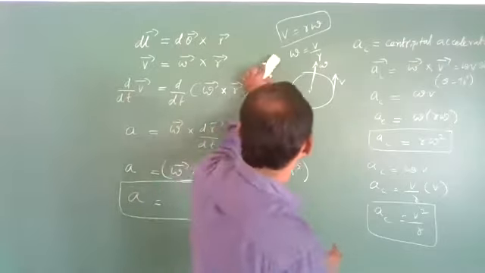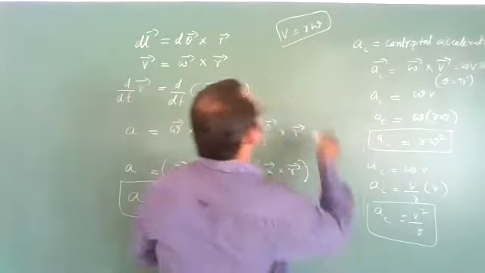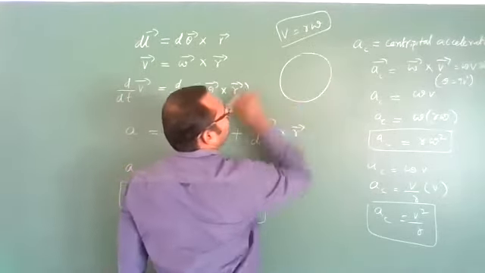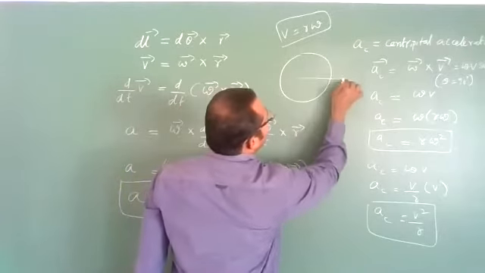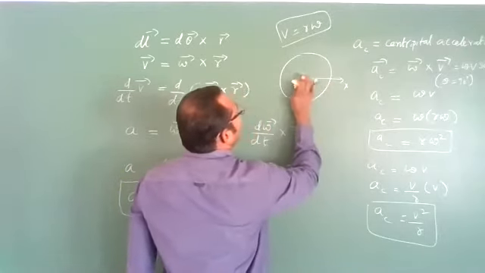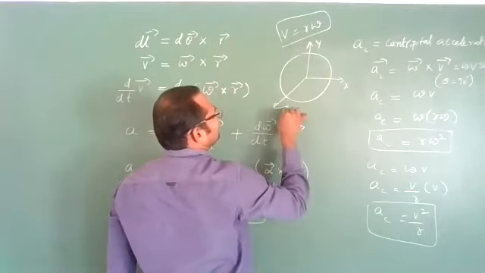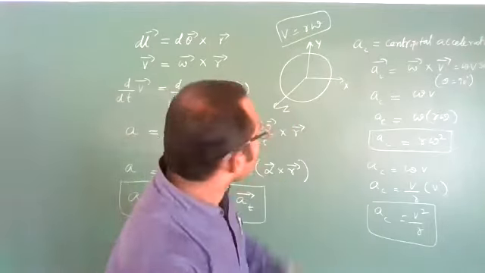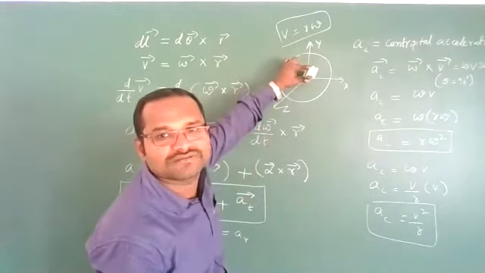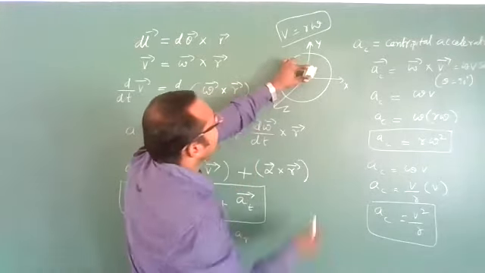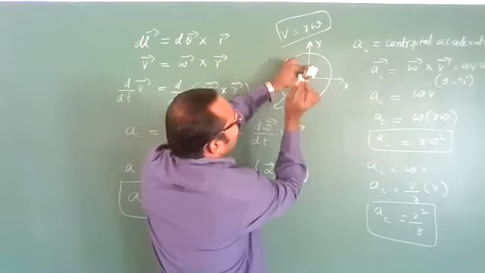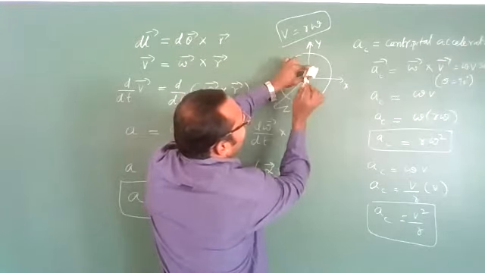See here. This is the circular path. This is the x-axis. This you consider the y-axis. This you consider the z-axis. Your angular velocity is in this direction. Are you understanding?